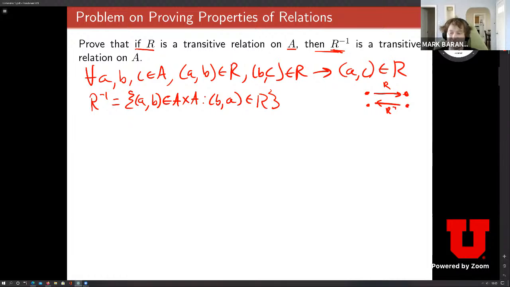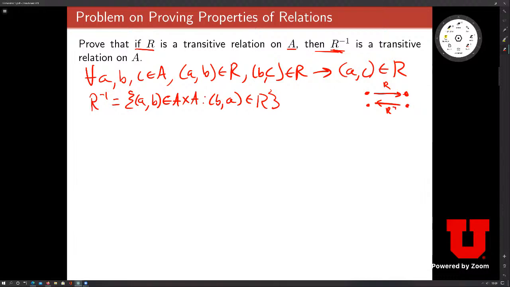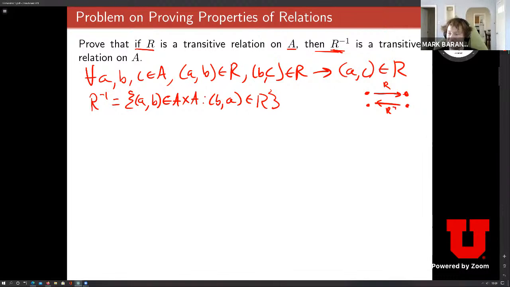Another question I have is, do people like breakout rooms? I like them. You like them? Okay, do we want to try a breakout room? I like them. Okay, I'm getting a lot of yeah. Okay.